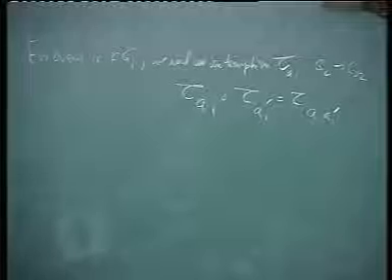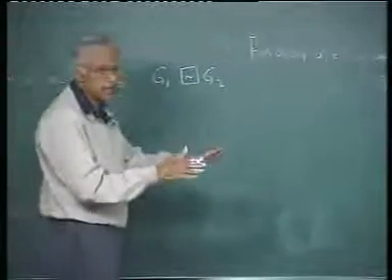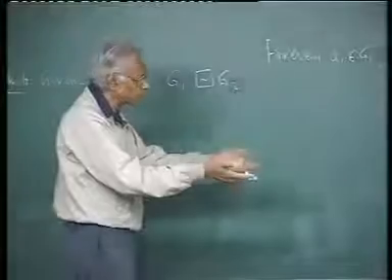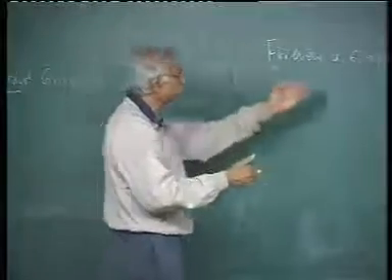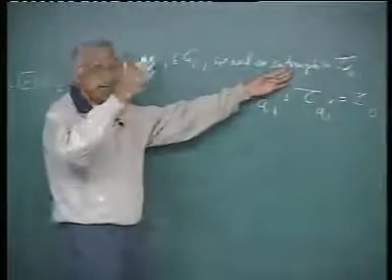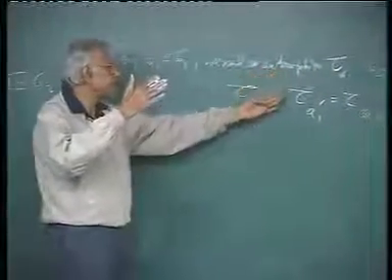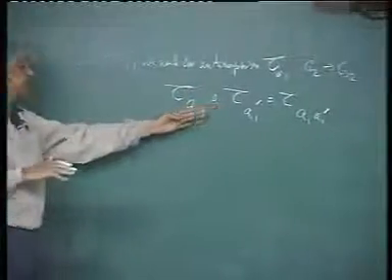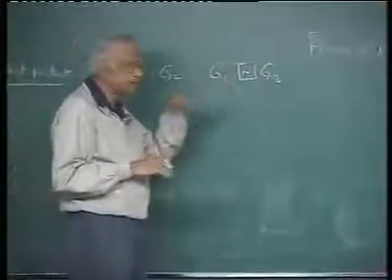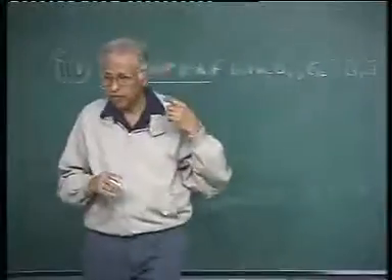So the first group must act on the second group in a sensible manner. It must map the second group into itself. It must preserve multiplication law in the second group, and the automorphisms themselves must follow the multiplication rules of the first group. So this is why it is a very involved construction.